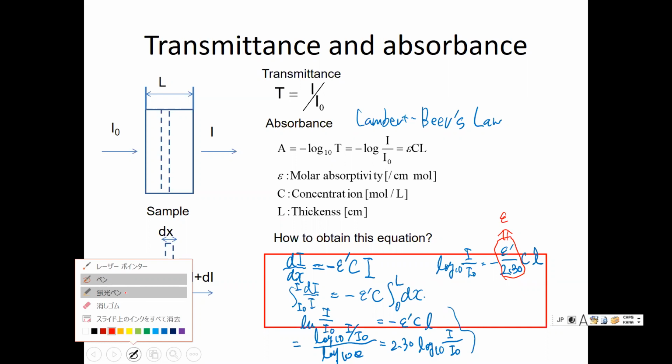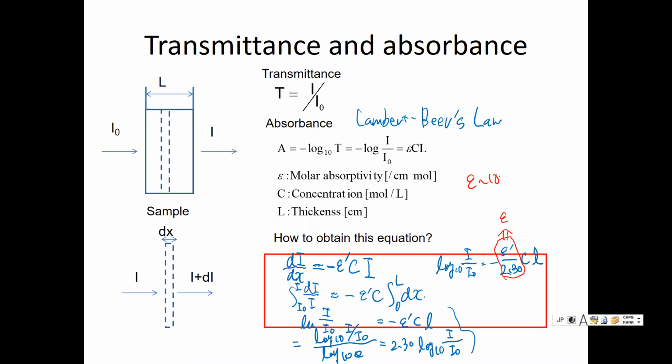If epsilon is 10 to the 4 to 10 to the 5, that's big, meaning strong light absorption. And 10 to the 2, for example, is a weak light absorption, like an n-pi star state, which has such small absorption, but in many cases is important.